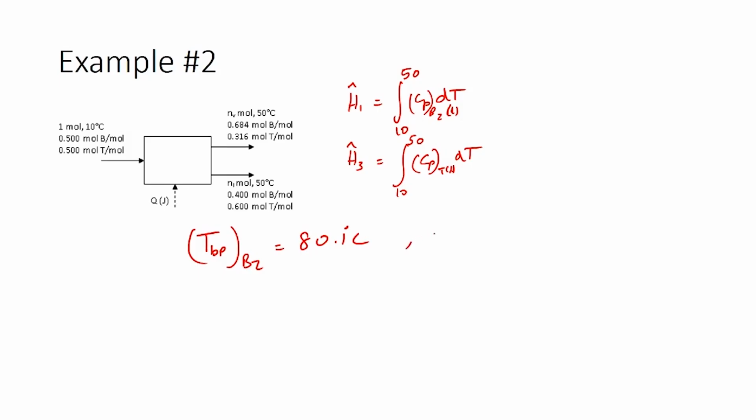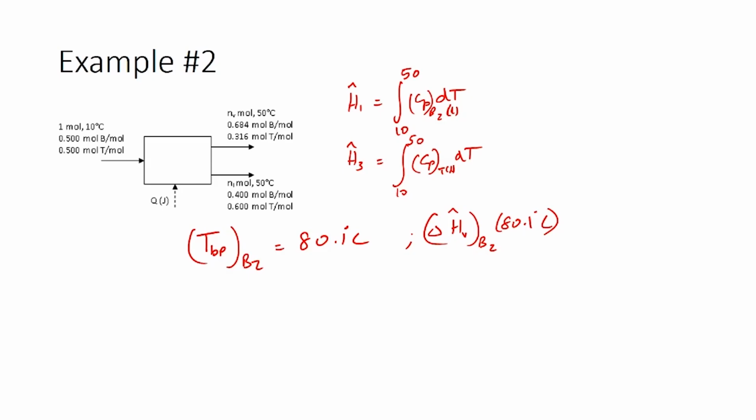This value would be represented as delta H cap V of benzene at 80.1 degrees Celsius. So, let us say this is available. Now, our process actually does not reach 80 degrees Celsius based on what is given here. However, we have the data for enthalpy change of vaporization only at 80.1 degrees Celsius.